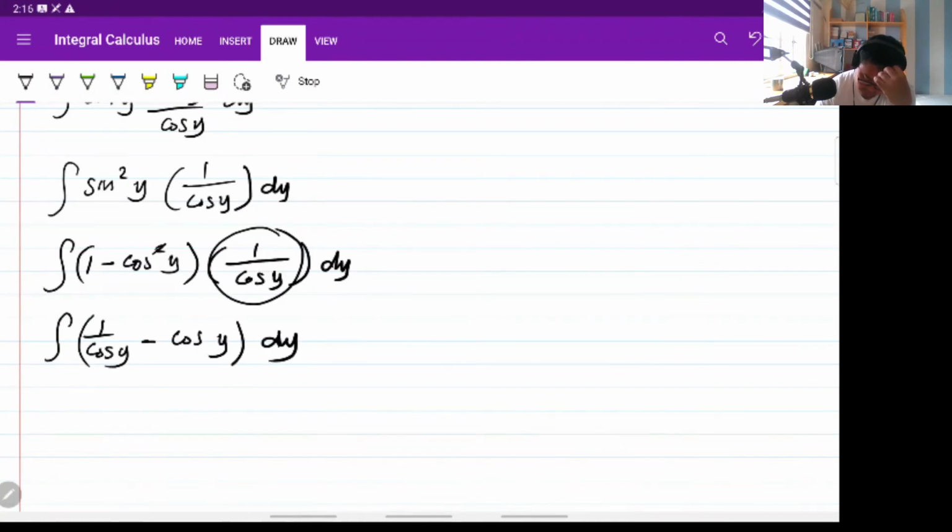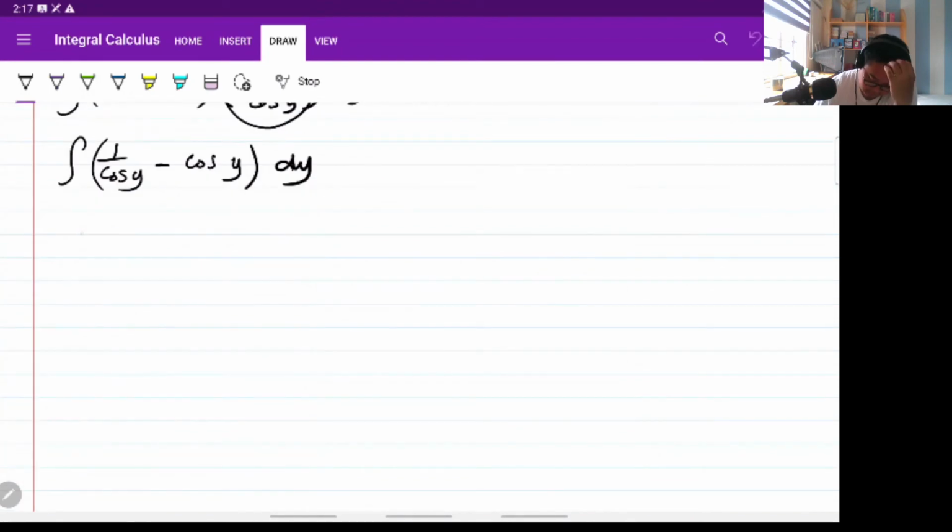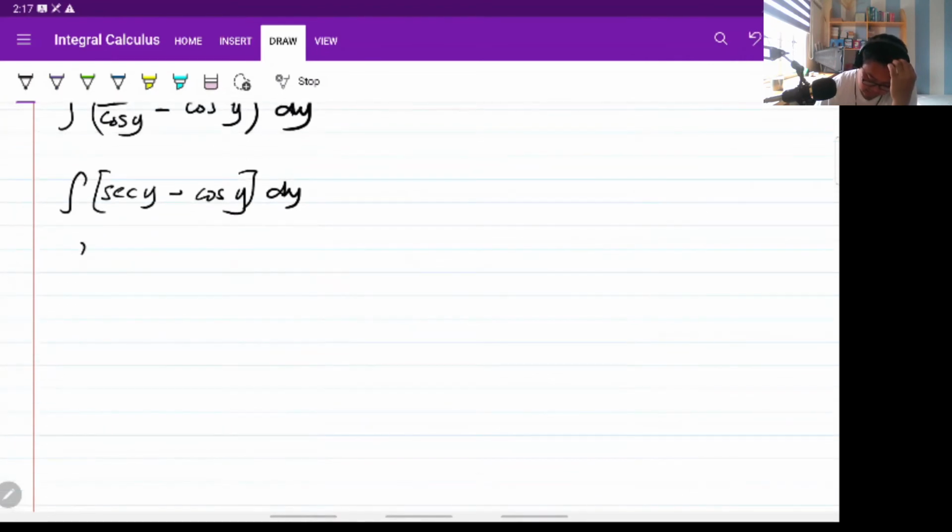What is 1 over cosine? It is just the same as secant y. So we have secant y minus cosine y, dy. Distributing dy, the integral of secant y dy minus the integral of cosine y dy.